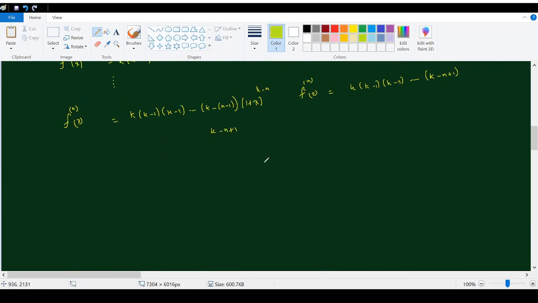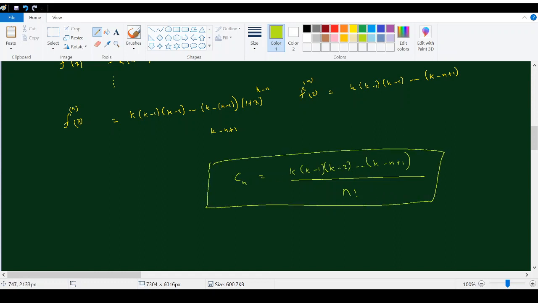That means the nth coefficient Cn will be equal to f^(n) evaluated at 0, and that is k(k minus 1)(k minus 2) up to (k minus n plus 1), right? And divided by n factorial, right? So this will be our Cn coefficient.